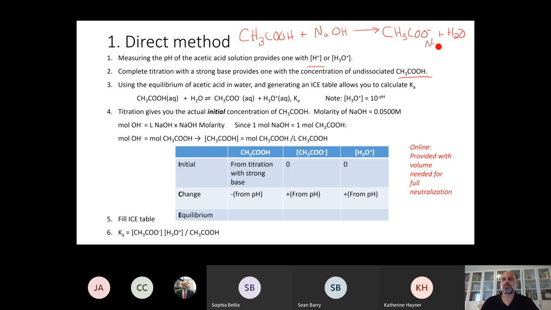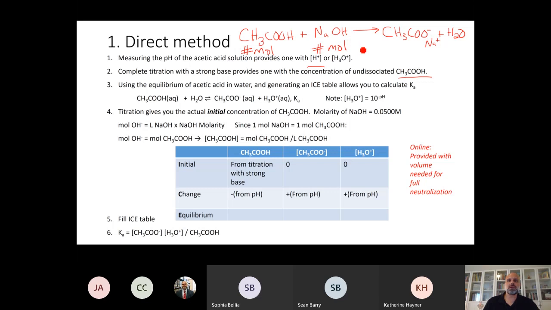Obviously, the sodium ion is still floating around as a spectator ion in this reaction. And what this is going to be able to tell you in this first step is that the number of moles you have here is going to be equal to the number of moles of sodium hydroxide that you're going to add.